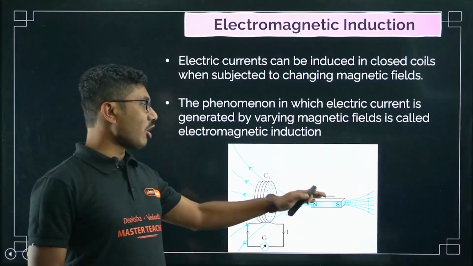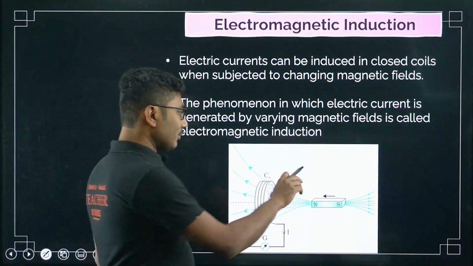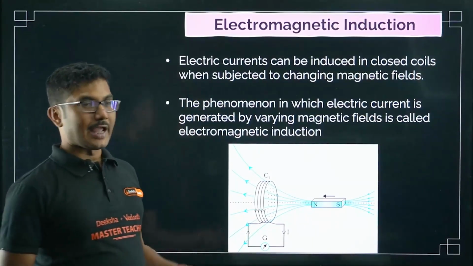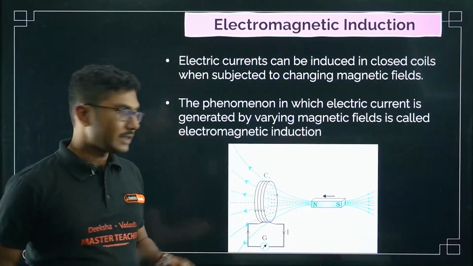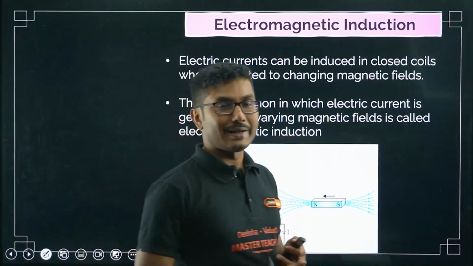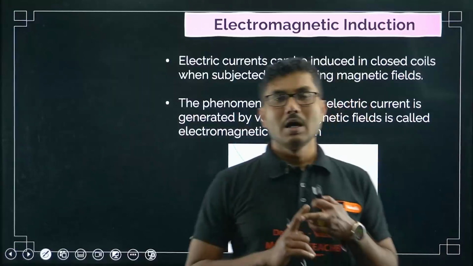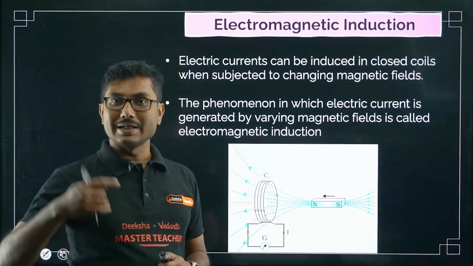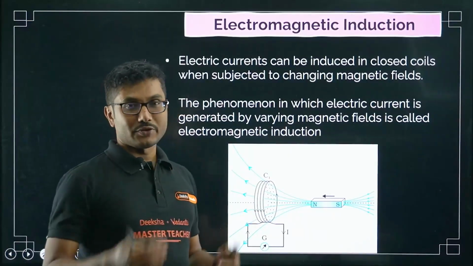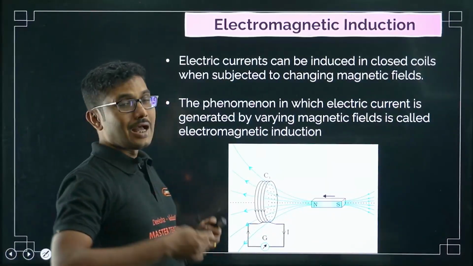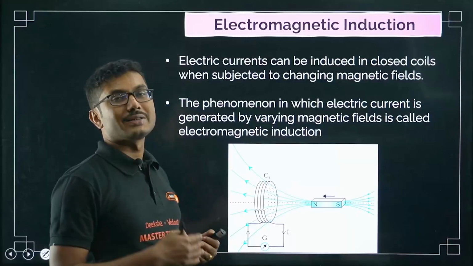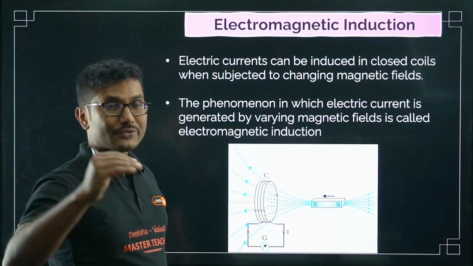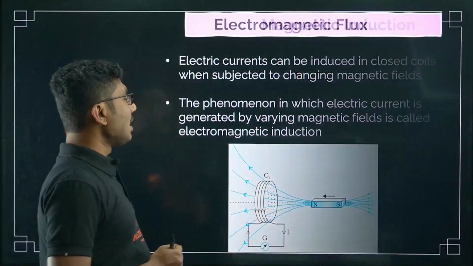But if you stop moving this magnet, even though the magnetic field lines are passing through the coil, they are not changing with time, so there will be no current, okay? Current will only flow if the magnetic field lines linked with the coil change with time. Now magnetic field lines into area is flux, so in terms of flux, if the flux changes, current is induced. If the flux is constant, no current is induced. Based on that, a lot of MCQs come in the questions.